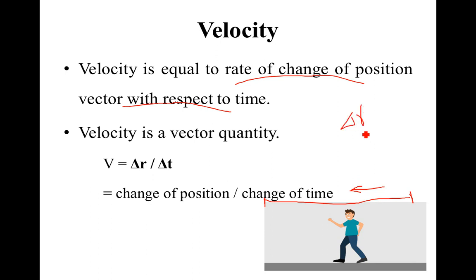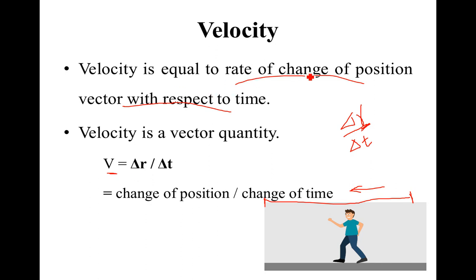The position vector is r vector, so change in position is del r, with respect to change in time. For 1 second he is here, for the next second he is here, for the next minute he is here. If it goes on like this, it is the displacement with respect to time. That is my velocity.